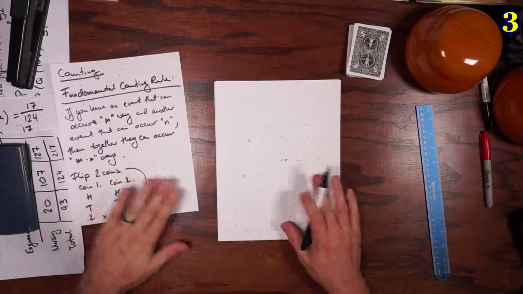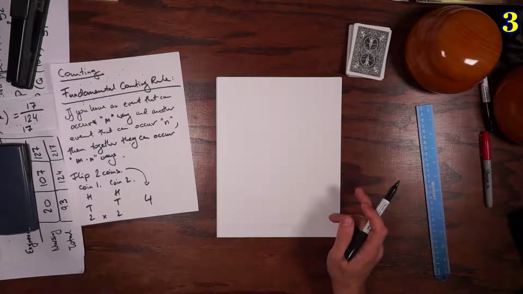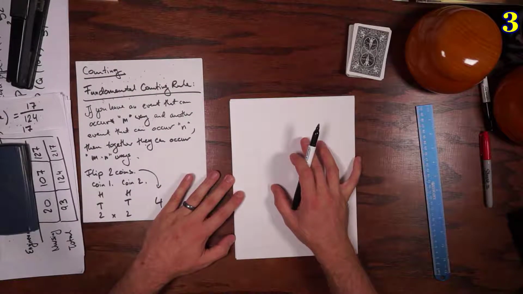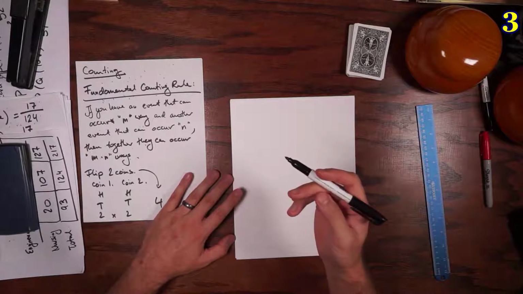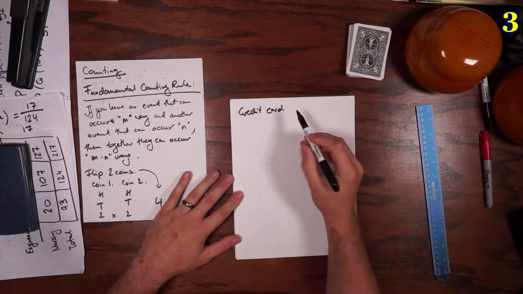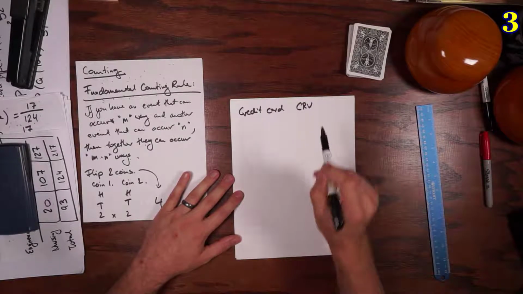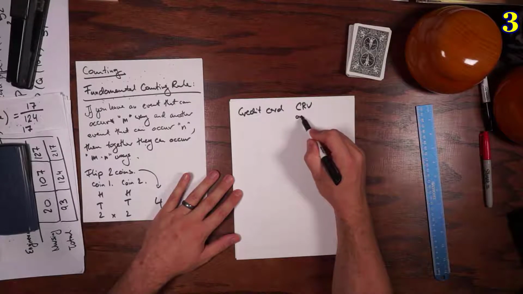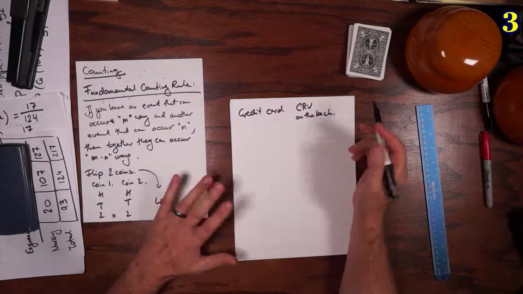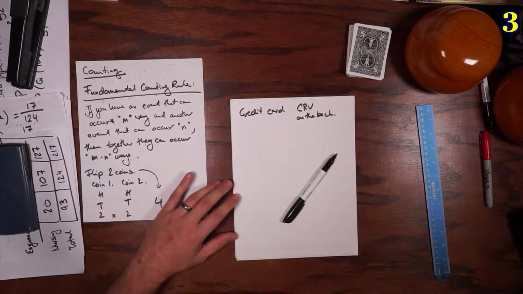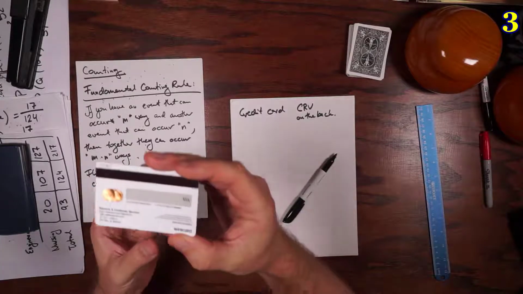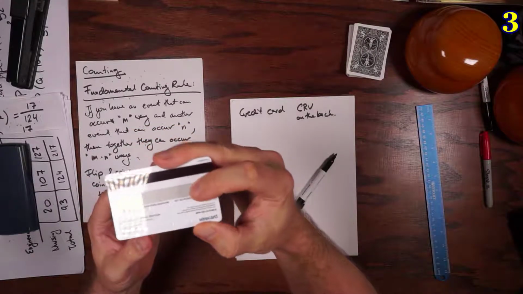All right, let's look at something bigger. Your credit card has a CVV code in the back. There's a code on the back of your credit card, this little number right here.